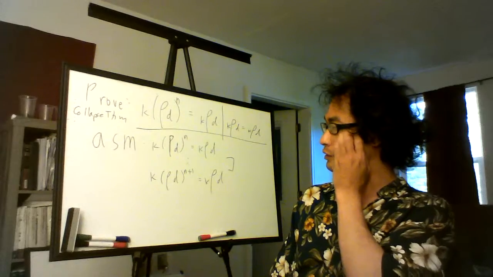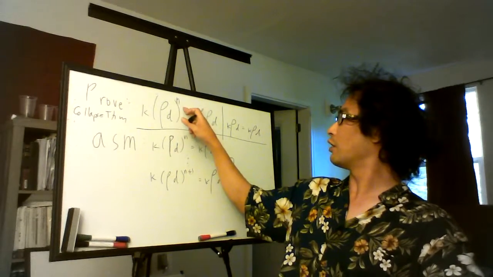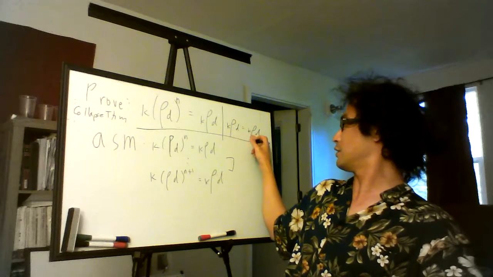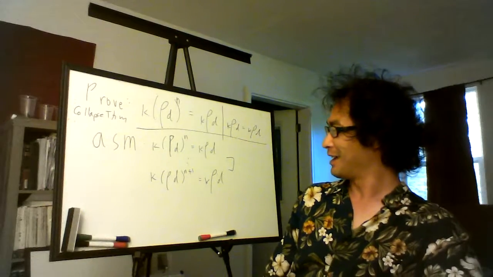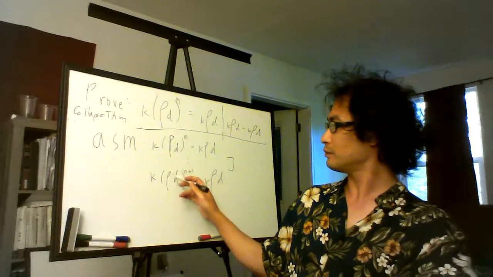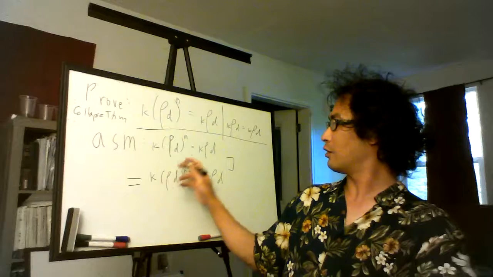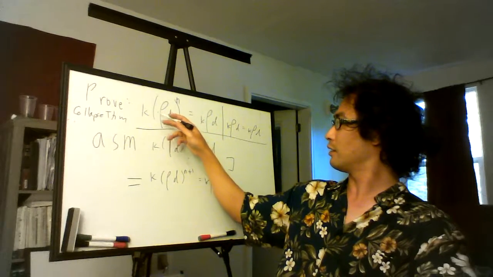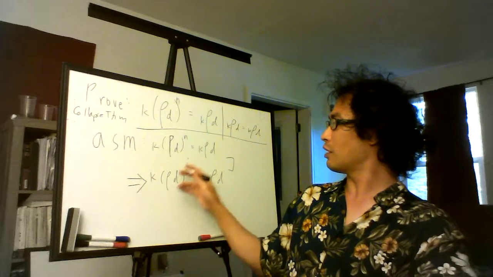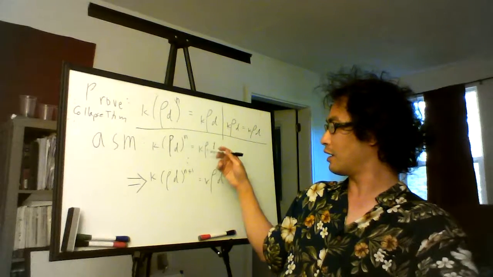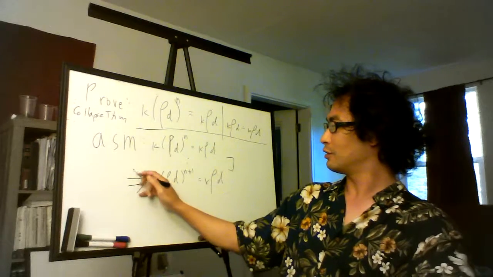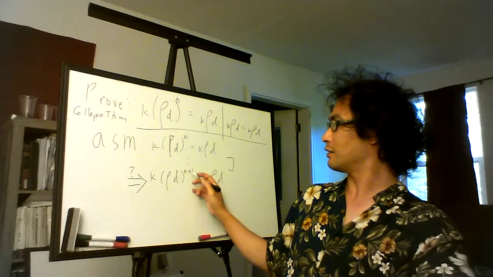That's the mathematical induction. So when n is equal to 1, yeah, it's correct. K rho d is equal to K rho d. Okay, no problem. But the second step in this mathematical induction, okay, we assume this equation is correct when it's n, and then we should somehow derive, somehow this should lead to this guy when this guy is n plus 1.